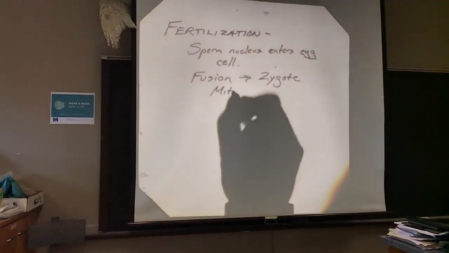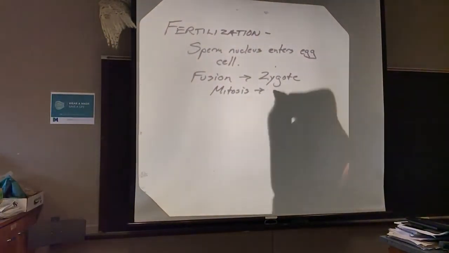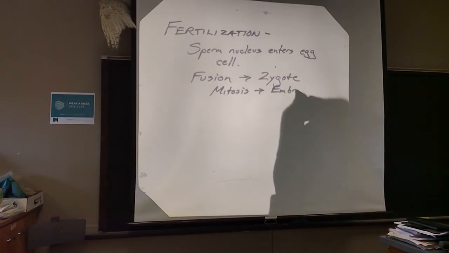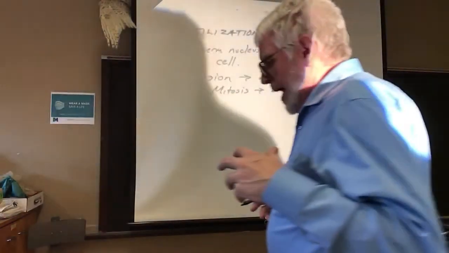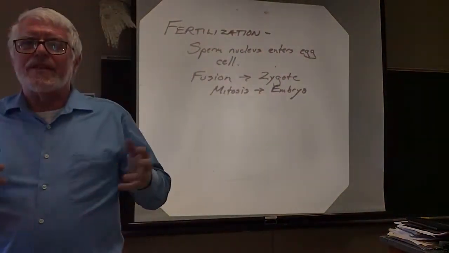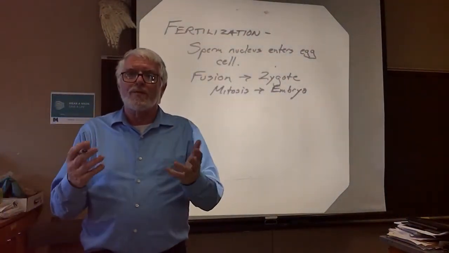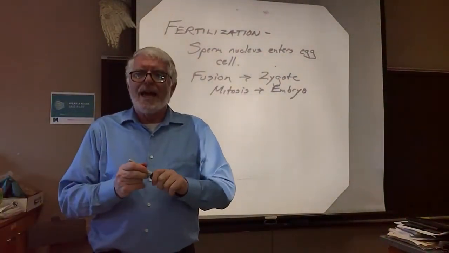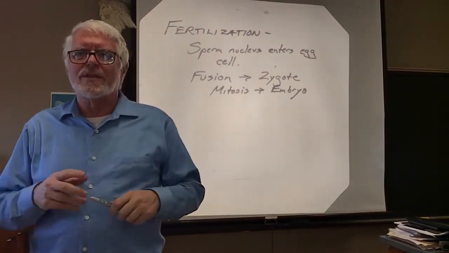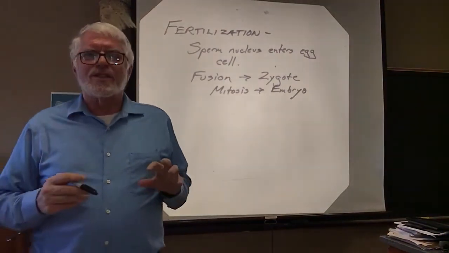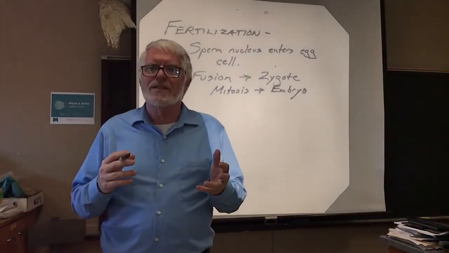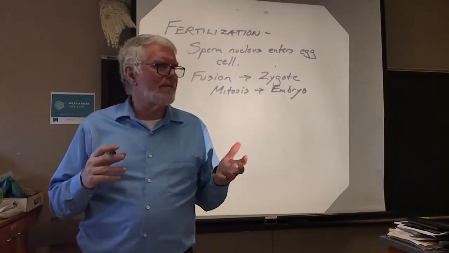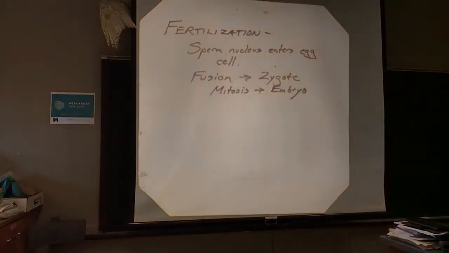It divides, and that forms an embryo. So the cells make copies of the cells, and they pull in food from whatever food supply has been given to them, and they make more cells and more cells, and eventually they wind up with a big ball of cells, and the ball of cells becomes hollow.